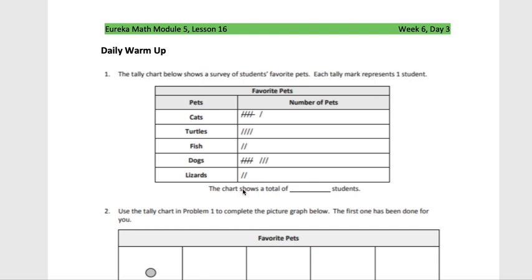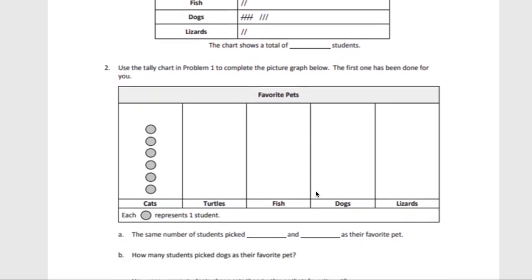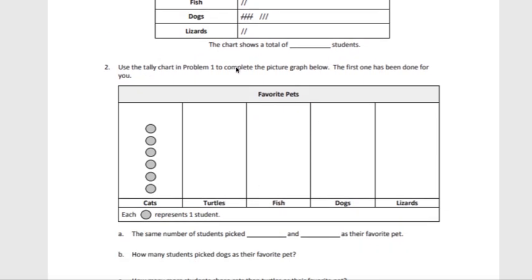Now, it's asking you, the chart shows a total of how many students. So how many students voted? I want you to think about that and add up all of those numbers and then write your total. Then you're going to use the tally chart to complete the picture graph below. The first one has been done for you. So instead of using tally marks, they're now using circles.